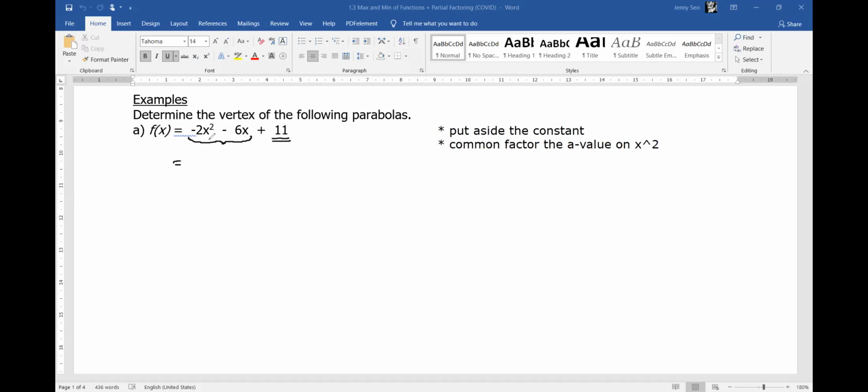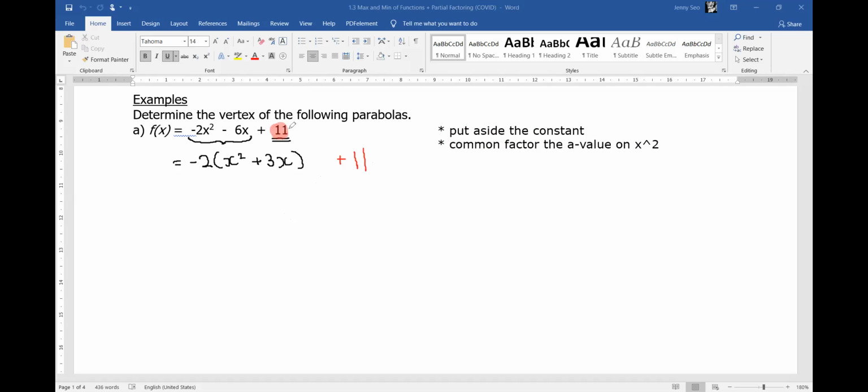So I'm going to focus on the first two. I'm going to common factor the negative 2 out, leaving me x squared plus 3x. I'll use a different color. The 11 is just moved aside. You get what I'm saying?